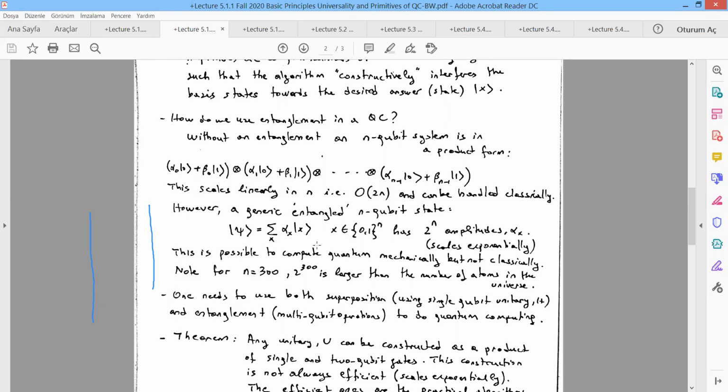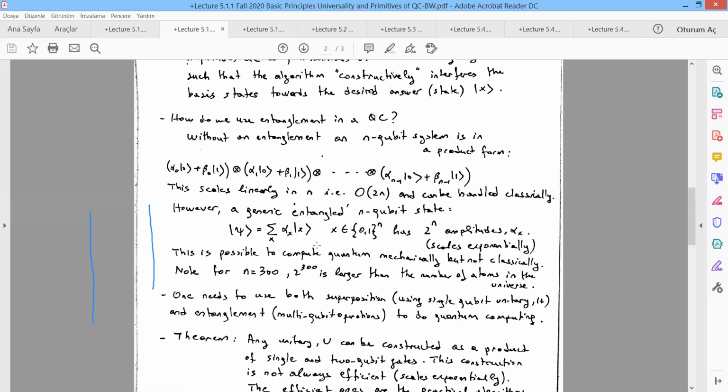And as we have seen in the earlier lectures, superposition can be obtained using single qubit unitary operations like the X, Y, Z Pauli operators and the Hadamard unitary operator. And entanglement, on the other hand, can be obtained using multi-qubit operations. A typical example was Bell states, right?